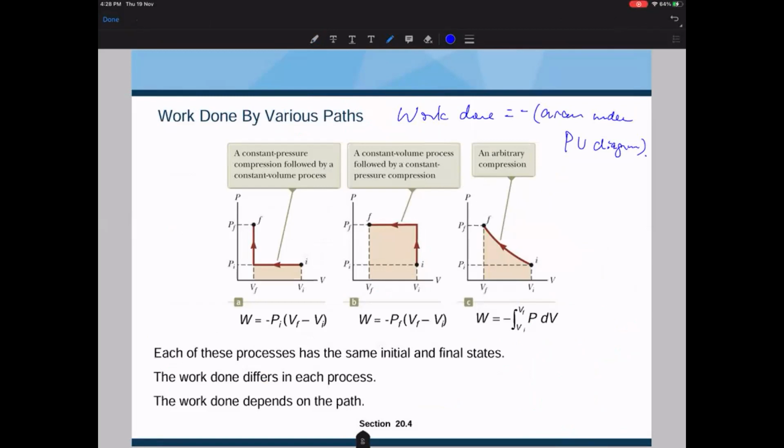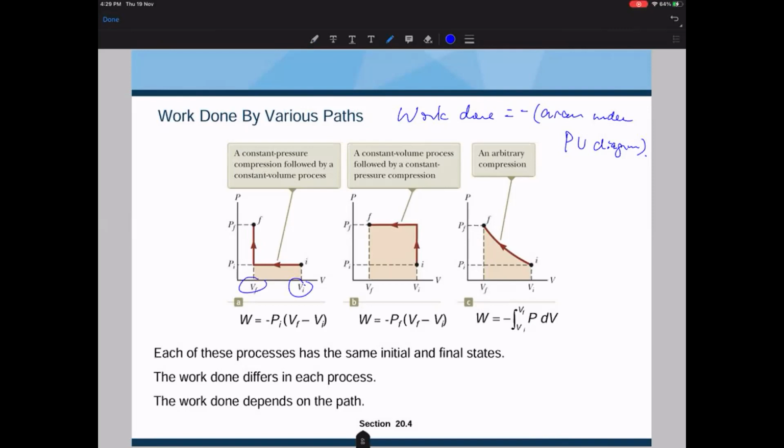Now, there are different ways for you to move from initial state to the final state. Here, all the three situations have the initial volume larger than the final volume, meaning that all the areas calculated in this way would be negative.